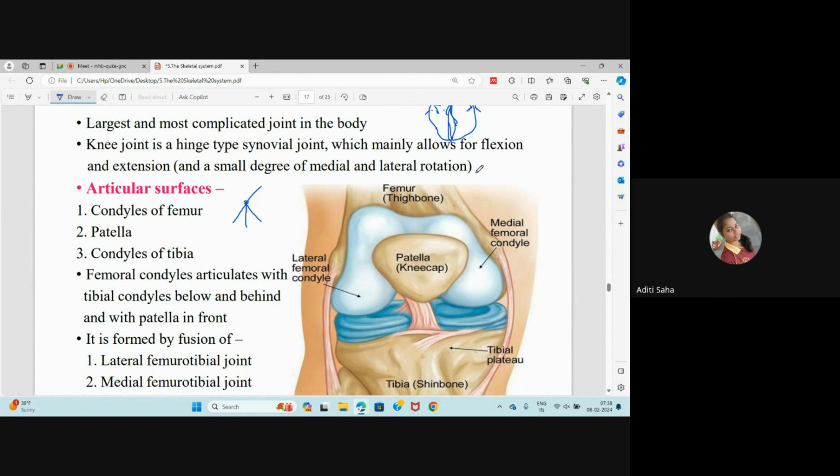So now please tell me, what is medial and lateral rotation? What sense do you make out of medial and lateral rotation?